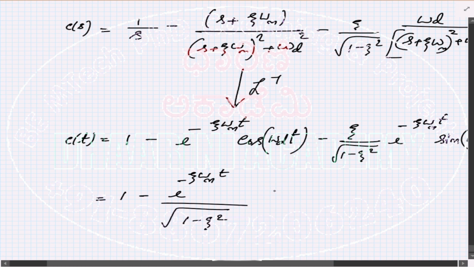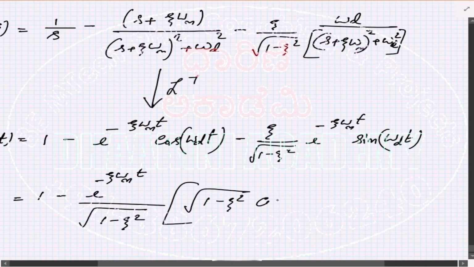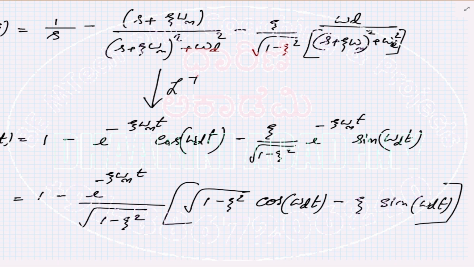This means I should multiply the first cos term by root of 1 minus zeta square into cos omega d t, minus zeta into sine of omega d t. Okay, this is fine.